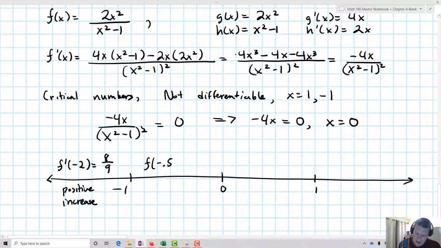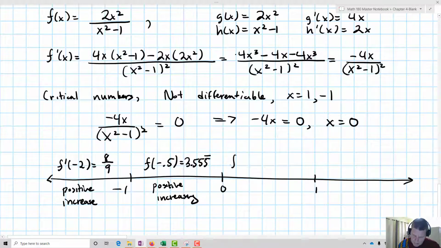Then we'll find f prime of negative 0.5, and that ends up equaling 3.555 repeating. And so that's also positive, and so that's increasing. Then we have f prime of positive 0.5, and that's going to equal negative 3.555 repeating.